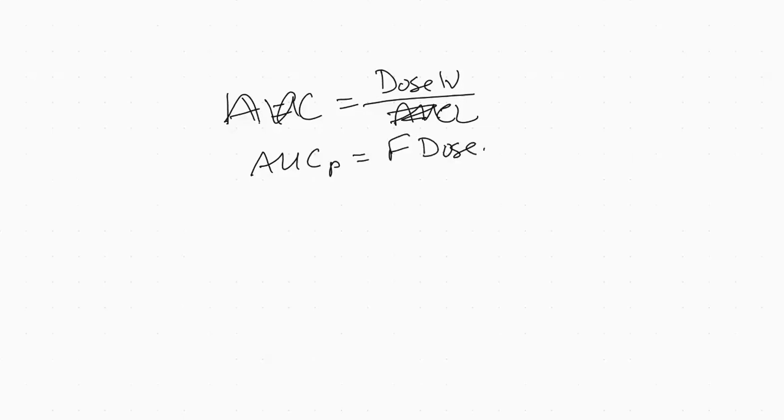And area under the curve PO is equal to bioavailable dose PO over clearance. So the common term here is clearance. So if we set both of these equations equal to clearance, we get clearance is equal to dose IV over area under the curve IV.